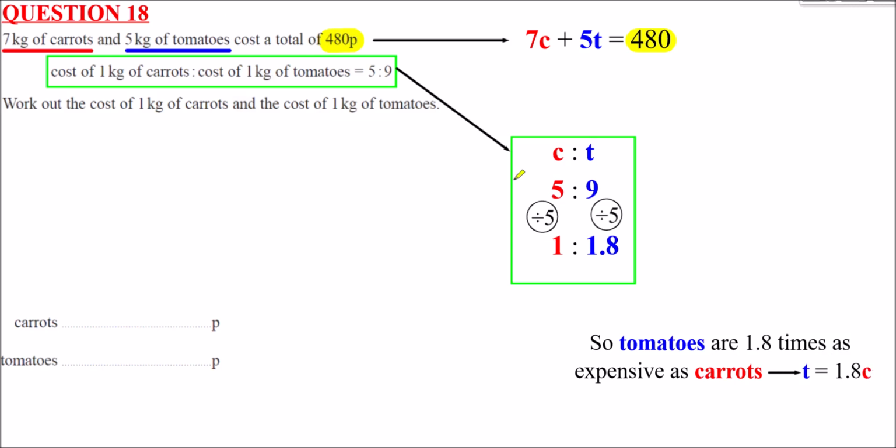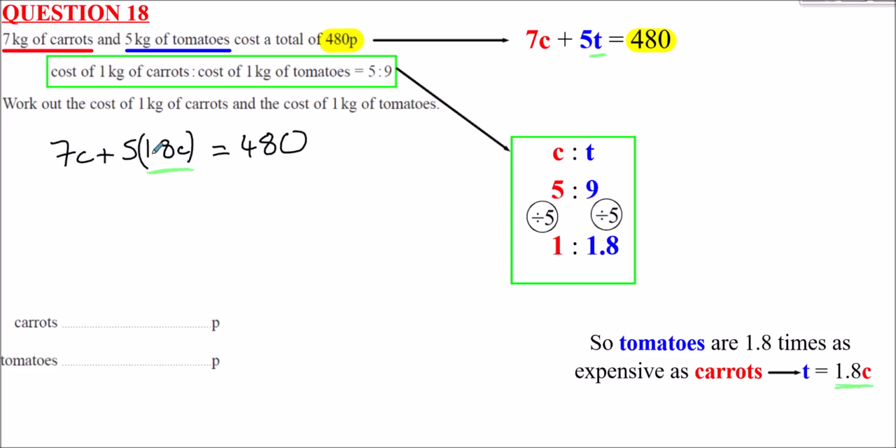So we can now sub this in and work out what c will be. So I now know that I can rewrite t as 1.8c. So if I just sub this in here and replace t in terms of c, then I've got 7c plus 5 lots of 1.8c, because t is 1.8c, that needs to equal 480.